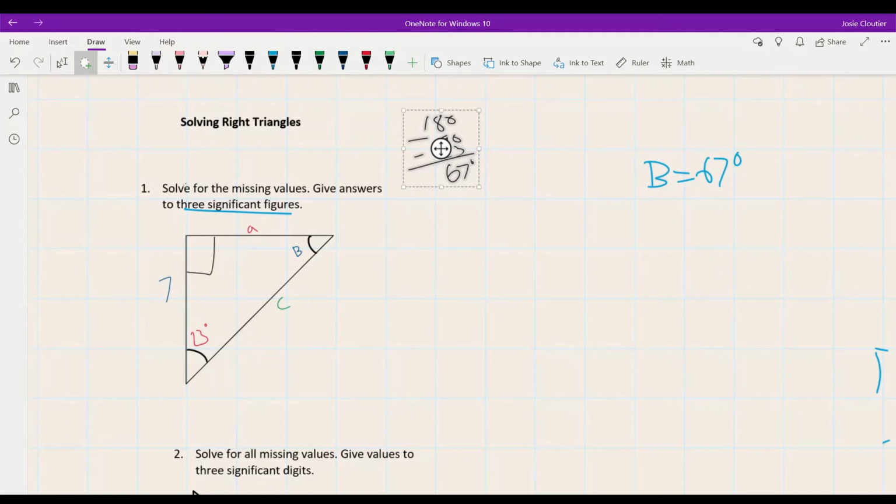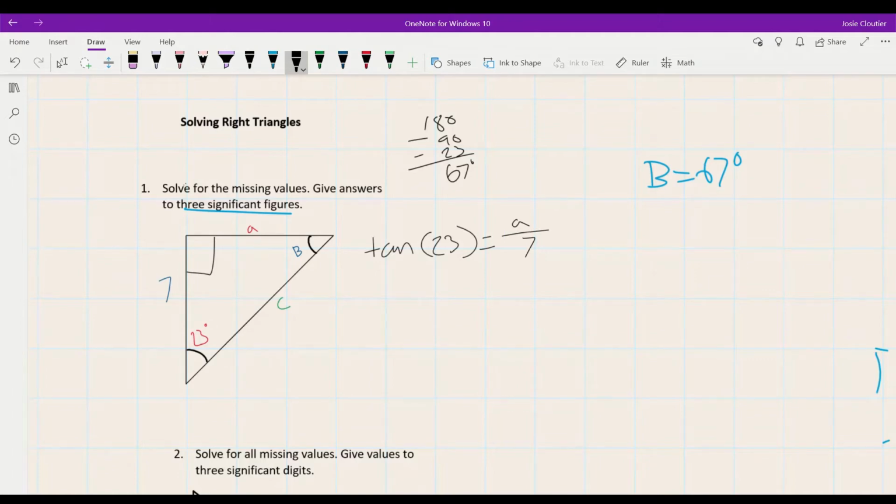And all we need to do is find one side length, and then we can use Pythagorean Theorem to find the missing one. So, let's say that the tangent of 23 degrees is equal to A over 7, right?